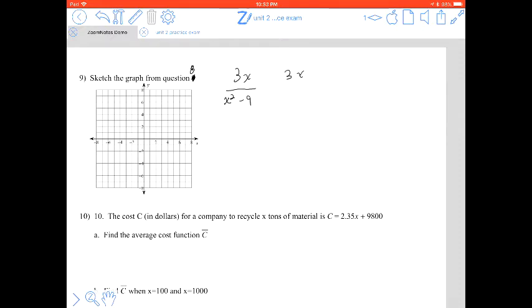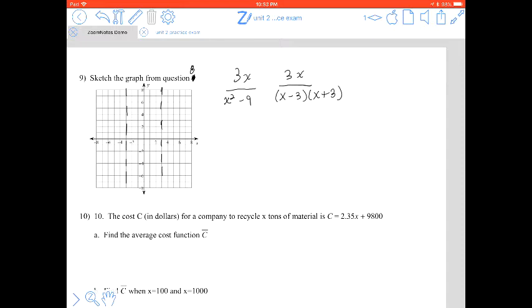So this is 3x over x minus 3, x plus 3. So the denominator is going to tell us our vertical asymptotes. We're going to have a vertical asymptote at x equals 3 and x equals negative 3.